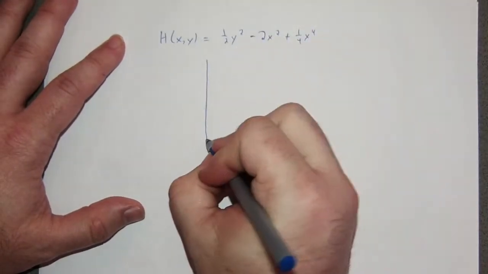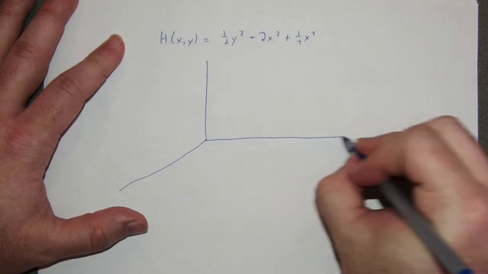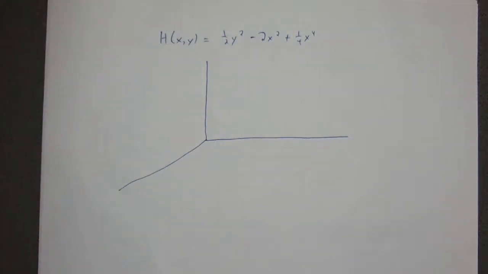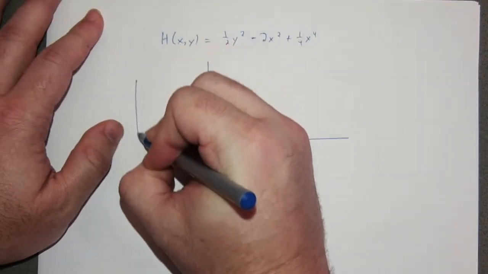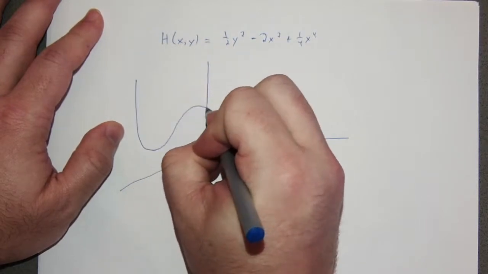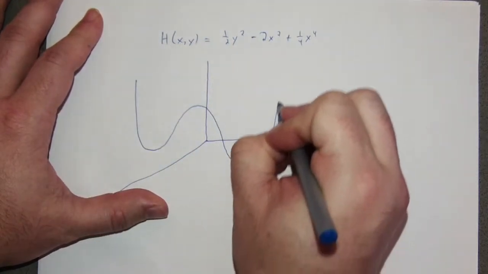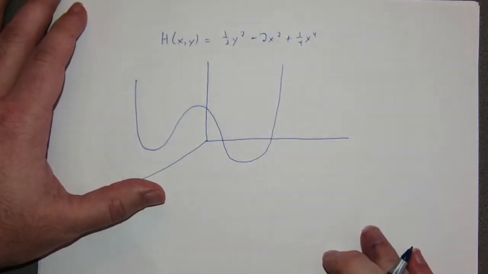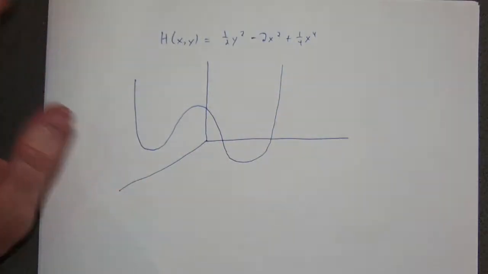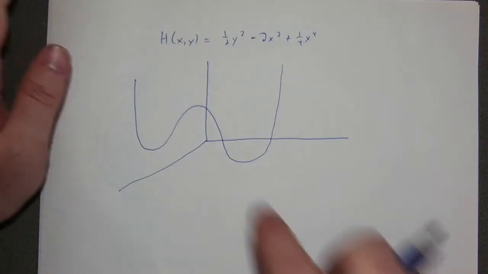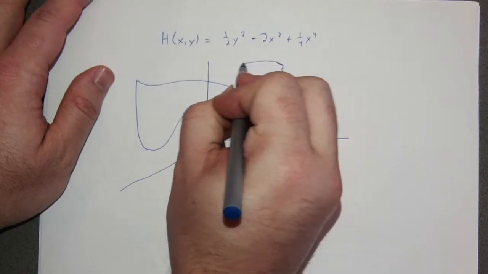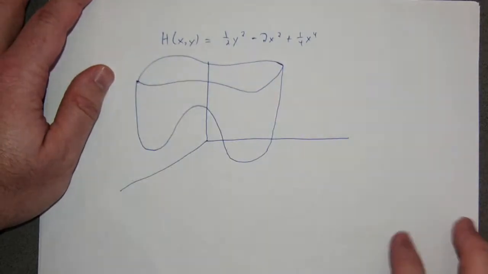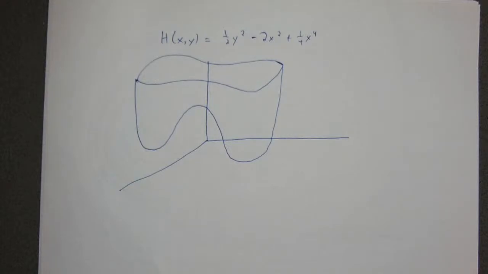Well, in space, if I try to plot this thing, it looks something like this. It is this kind of double-dipped surface that looks like two paraboloids, and if I cut through it up here, it looks kind of like this. Now, it's actually symmetric.